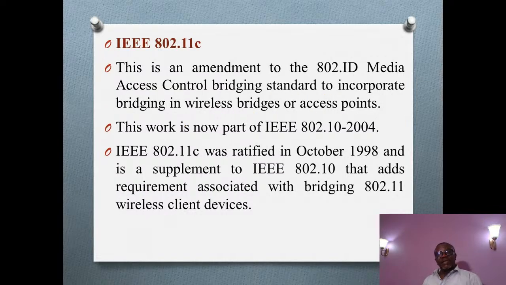So you have the 802.11c, which is an amendment of the 802.1D media access control bridging standard to incorporate bridges in wireless bridges and access points. We talked about routers and switches.